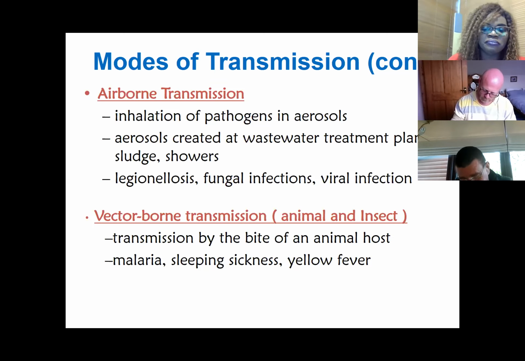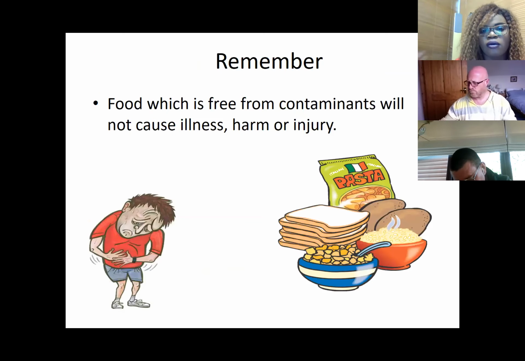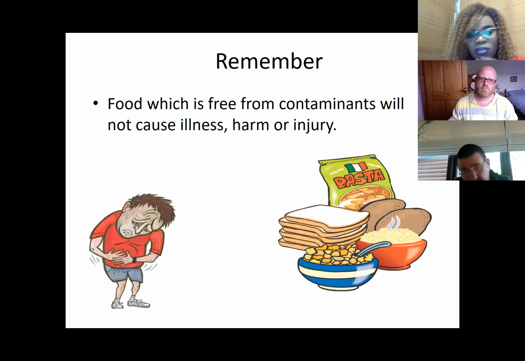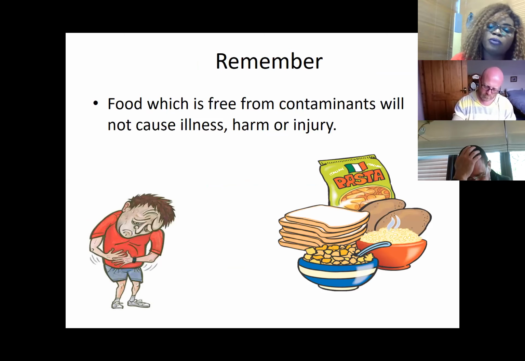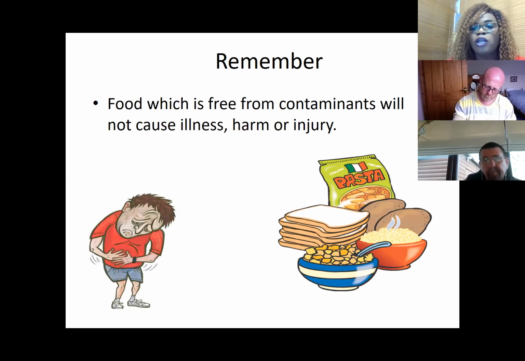we're doing today. So now, what you need to remember, and it's very important, is that food which is free from contaminants will not cause illness, harm, or injury. So for food to cause a problem, there has to be a contaminant in there. And do not forget, foods that have pathogens might look, smell, and taste normal.